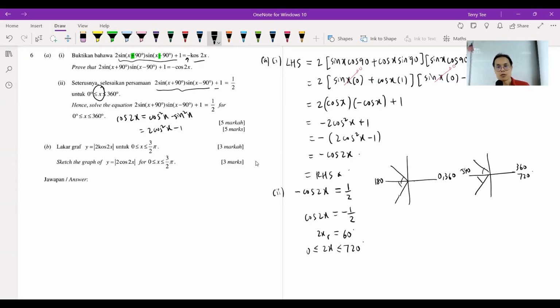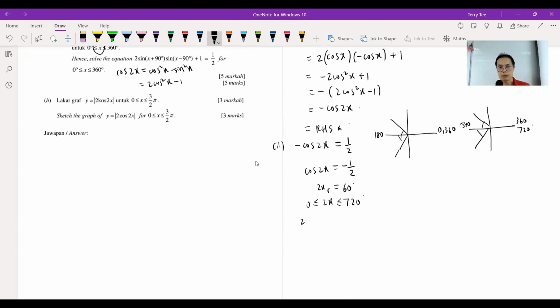All right. To solve this, we just write down, we know cos is negative in quadrant 2. Sekuan kedua, 180 minus your reference angle or sudut rujukan 60. 180 plus 60, right?